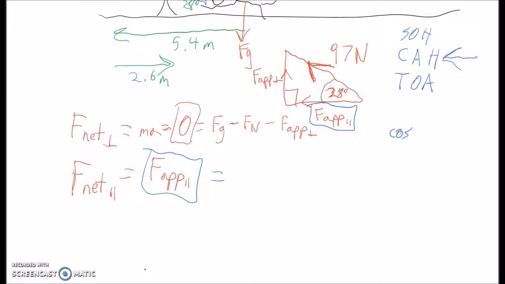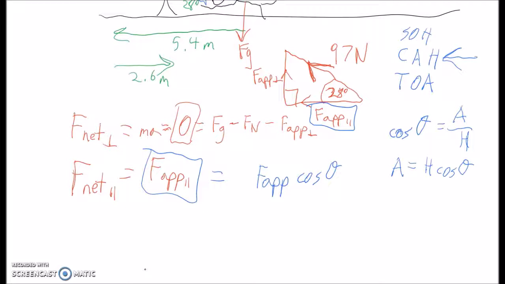So cos, just from the SOHCAHTOA, the CAH part, we're just writing cos of the angle equals adjacent over hypotenuse. That's from the SOHCAHTOA. You just have to know that. Now, if we're rearranging, we have the angle, we have the hypotenuse. So rearranging to solve for A is hypotenuse cos theta. So in this case, our hypotenuse is F applied cos theta here.